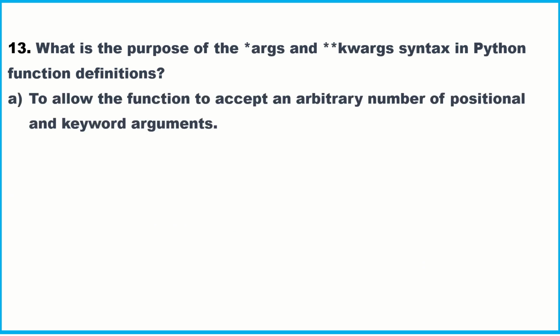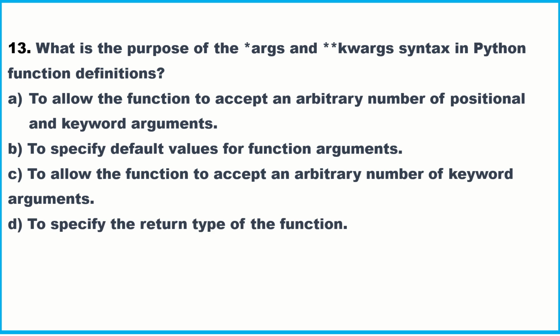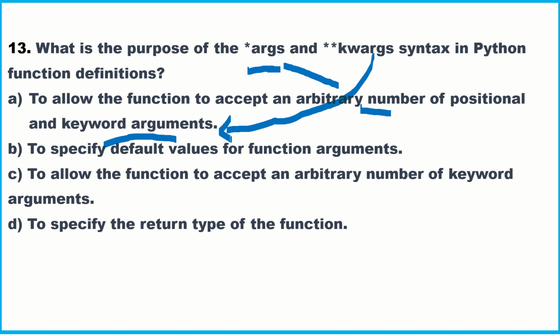What is the purpose of *args and **kwargs syntax in Python functions? The *args syntax allows a function to accept an arbitrary number of positional arguments, and the **kwargs syntax allows a function to accept an arbitrary number of keyword arguments.